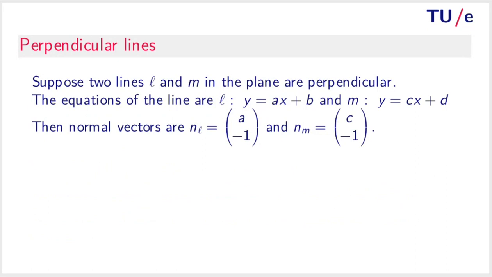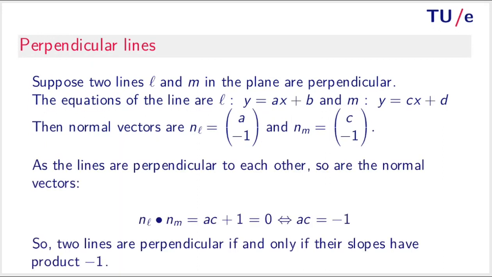If we have two lines L and M in the plane that are perpendicular, then the equations of these lines are, say, y is ax plus b, and M has the equation y is cx plus d. We can easily find normal vectors. Namely, a normal vector for L is (a, -1), and a normal vector for M is (c, -1). As the lines are perpendicular to each other, these normal vectors are also perpendicular to each other.